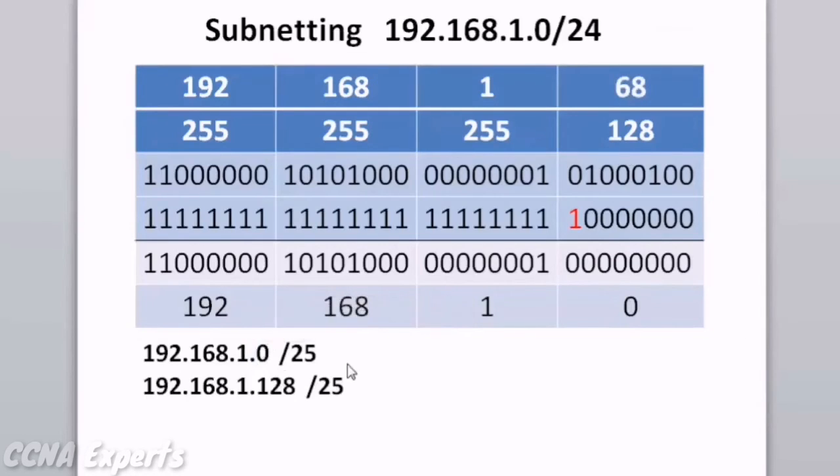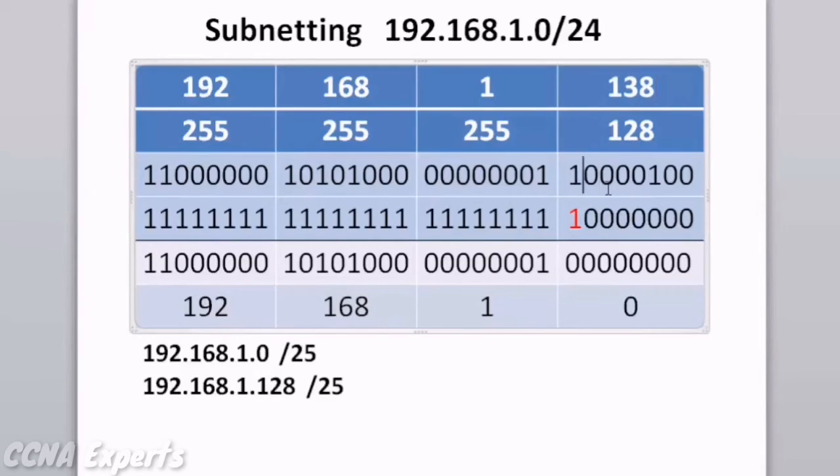This makes sense because the next subnet is 128, so if we put in a host address larger than 128, we'll see if it falls in this subnetwork. Let's change it slightly. I'll change the host address to 138. So I'll put a 1 for the 128 bit, and a 1 here for the 8 bit and a 1 here for the 2 bit.